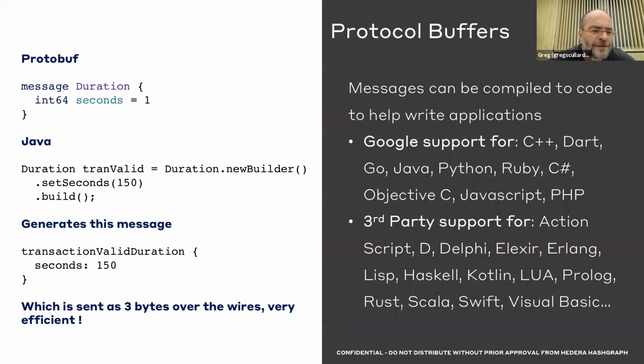We can see on the left-hand side an example of a message, duration, compiled to Java. It gives you this Duration.newBuilder().setSeconds(), so I can set the 150 seconds, .build(), and that generates me a protobuf message that looks like transaction valid duration seconds 150. In actual fact, when this is sent over the wire, it's 3 bytes.